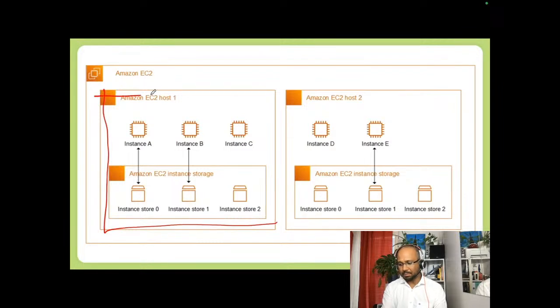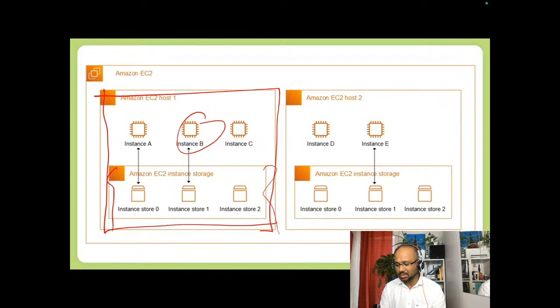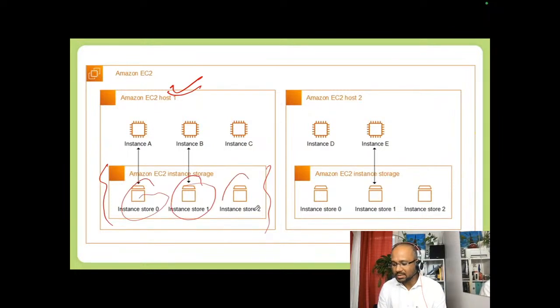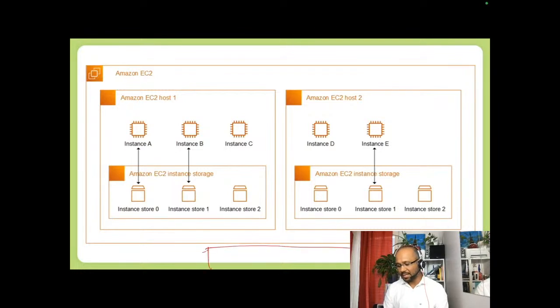whereas the machine, the big server where we are launching this EC2 instance, also has storage. Like our laptop has internal storage, right? This big computer also has storage, and this storage is called instance storage. This storage is directly attached and comes directly with this big server, so it is called instance storage, whereas when we get an EBS volume, that is network attached.